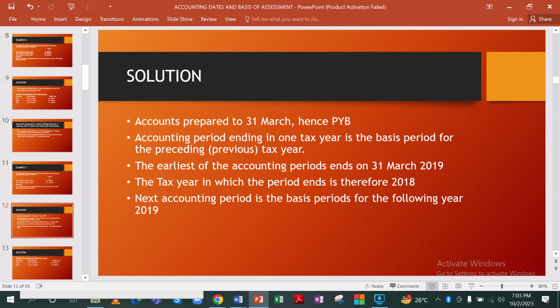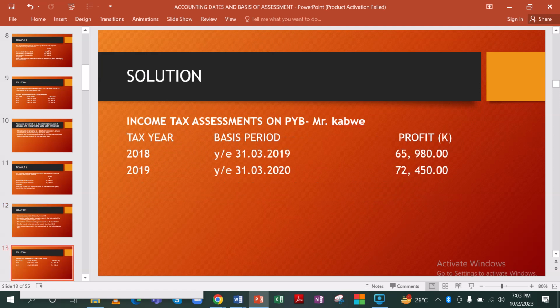So let's look at that particular situation and see how it should be presented. Again, you look at the tax year. 3 columns are supposed to be generated: tax year, basis period, and the profit to be assessed.